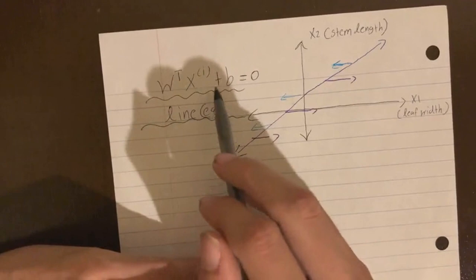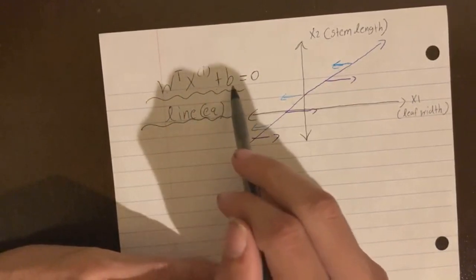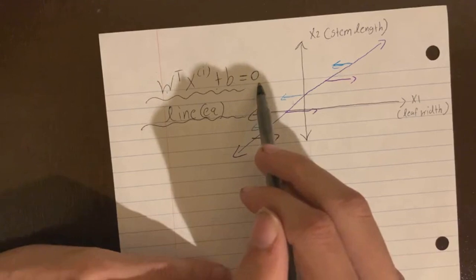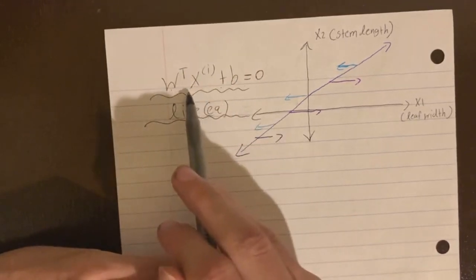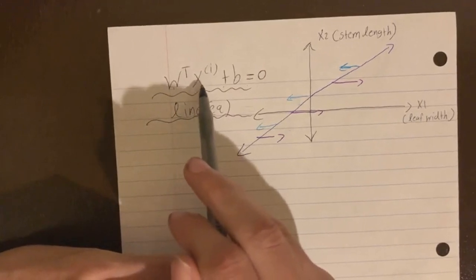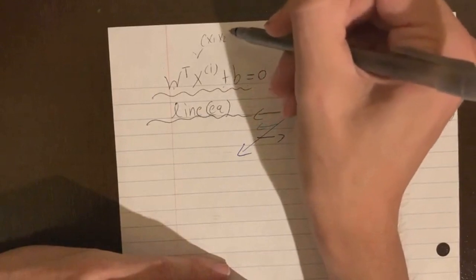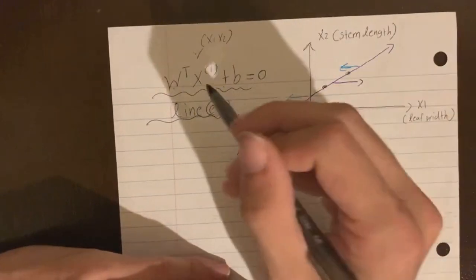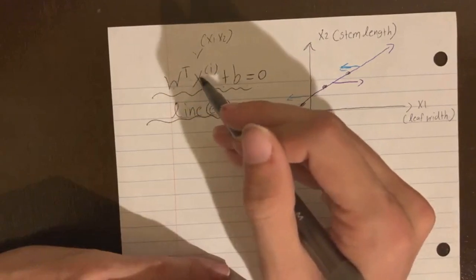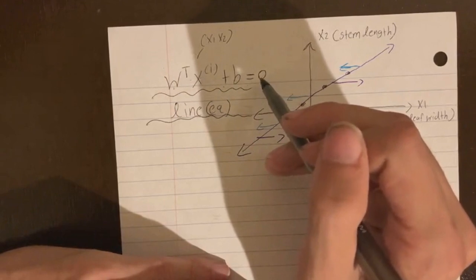W transpose x of i plus b equal to 0 tells us that the line is defined by all the x1, x2 values on this line. So this value, this value, this value all have W transpose times x of i plus b equal to 0.